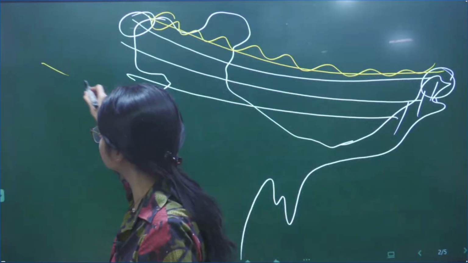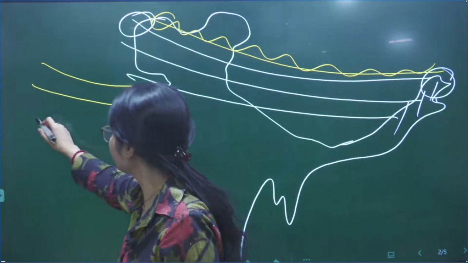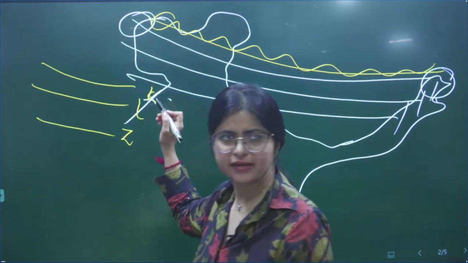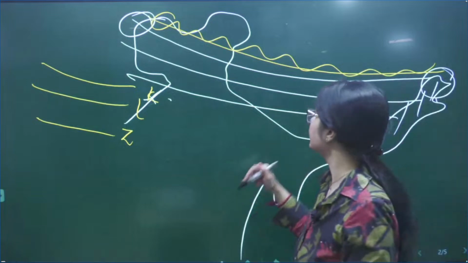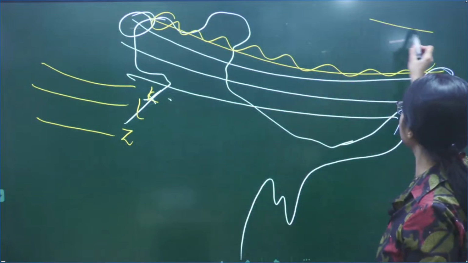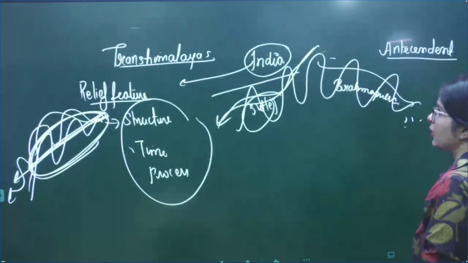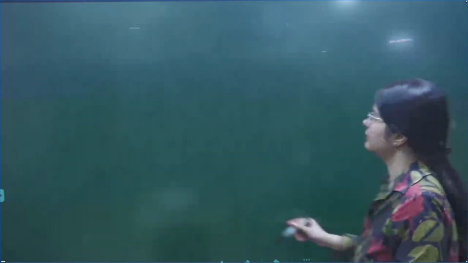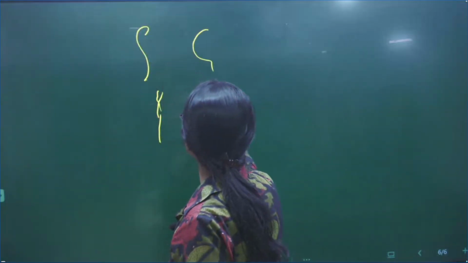The first one is your Karakoram, second is your Ladakh, and third is your Zaskar. If you talk about the Trans Himalayas, there are three layers. The first layer is your Karakoram range. People who have not read it, don't take this too heavy. Please understand. You simply have to draw the map like this.